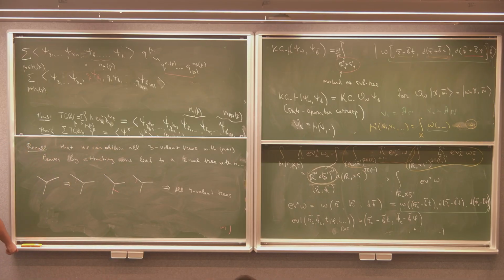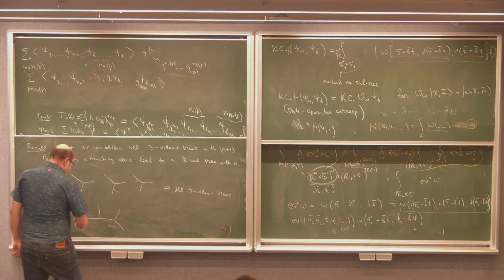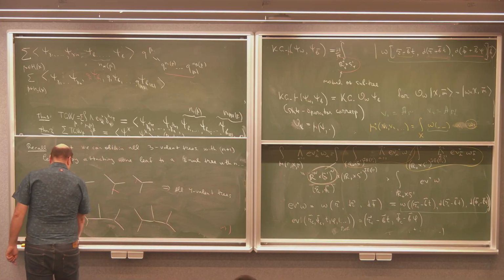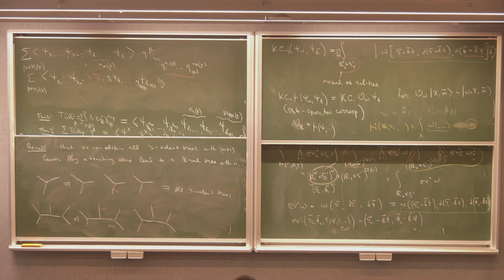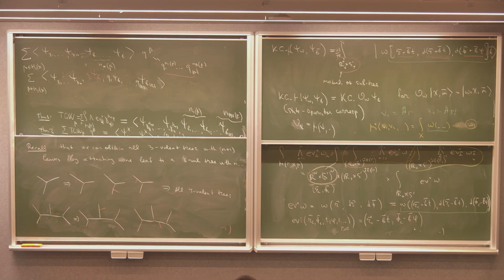A less trivial situation is when we have a tree with 5 leaves. We know that there are 2 inequivalent trees with 6 leaves, and these 2 inequivalent trees are obtained by different choice of leaves. If we choose a leaf to be here, that would be one type of 3-valent tree with 6 leaves, and if you choose a leaf somewhere here, we would get another.